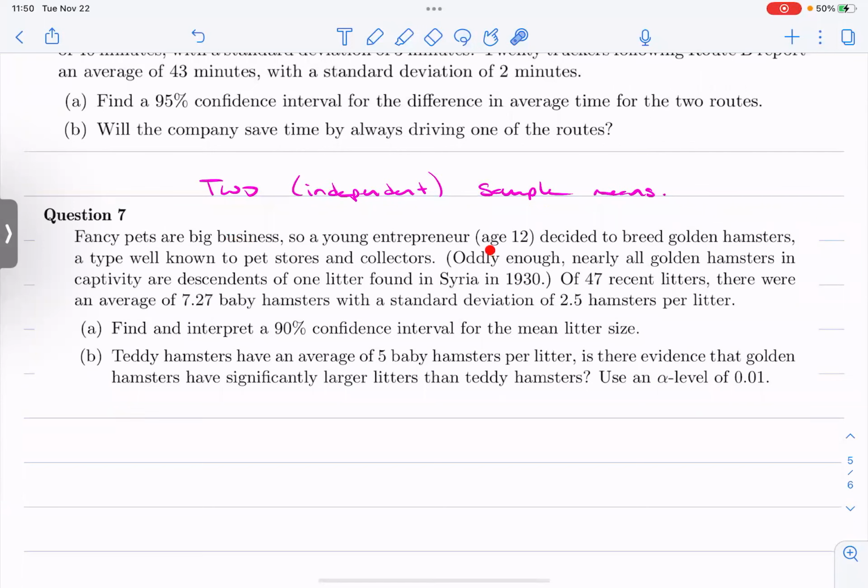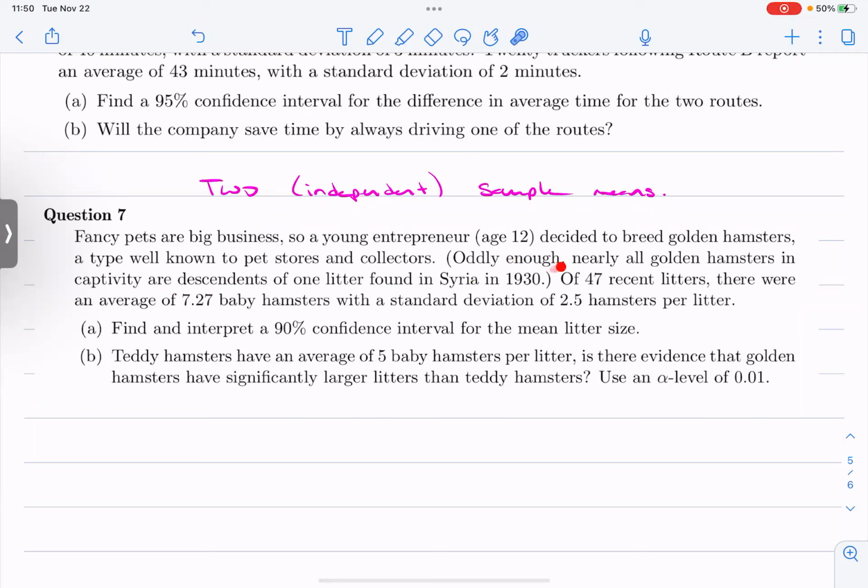So a young entrepreneur, age 12, decided to breed golden hamsters, a type well known to pet stores and collectors of hamsters. Can you imagine? Oddly enough, nearly all golden hamsters in captivity are descendants of one litter found in Syria in 1930. That's crazy.